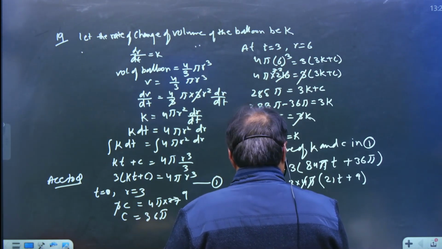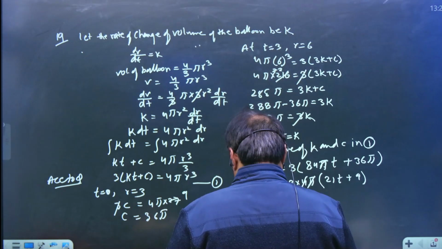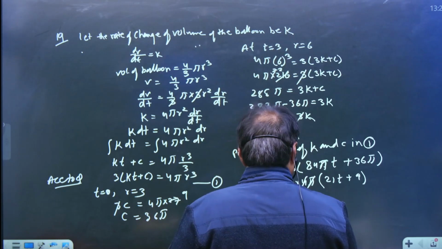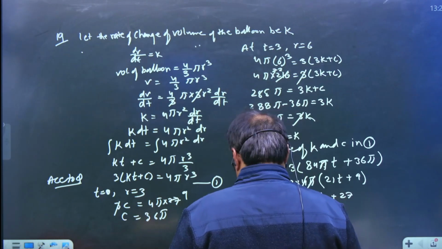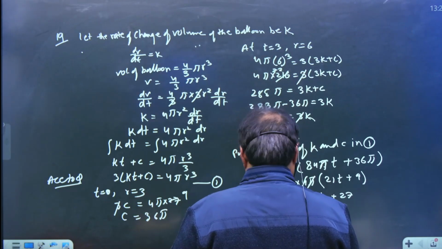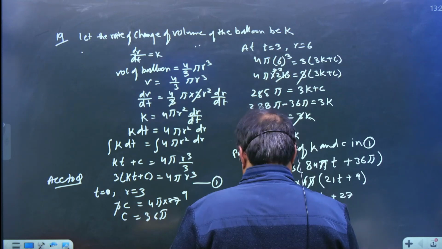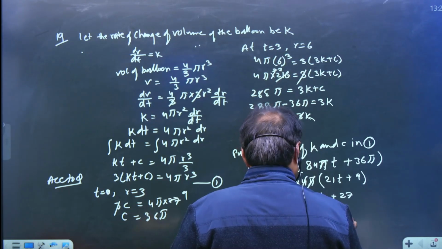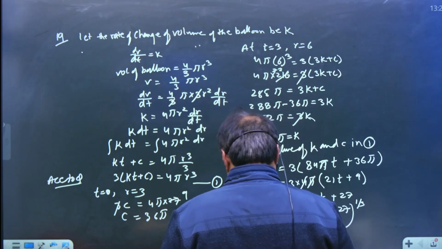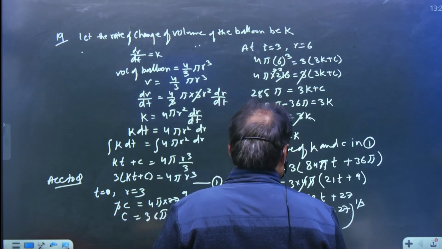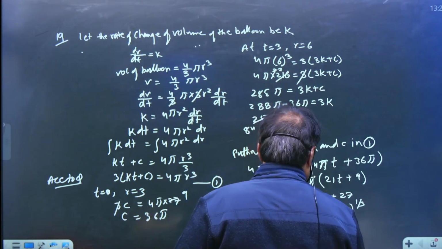So the value of r cube is equal to 63t plus 27. So r is equal to (63t plus 27) whole to the power 1 by 3. So this is the final answer.